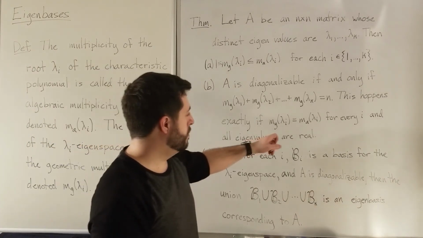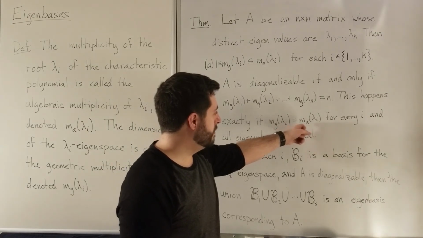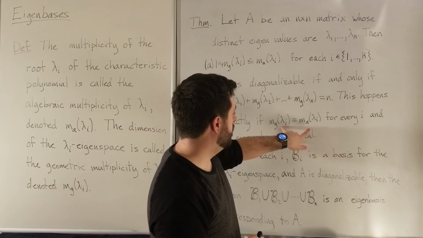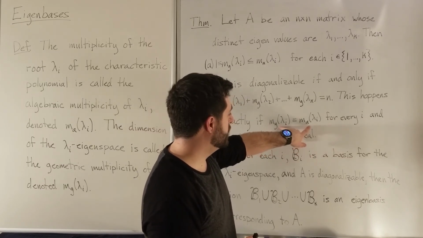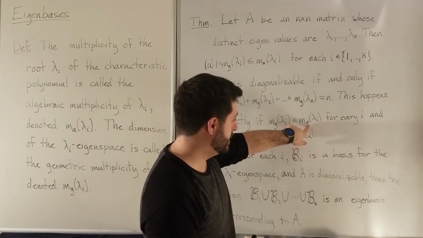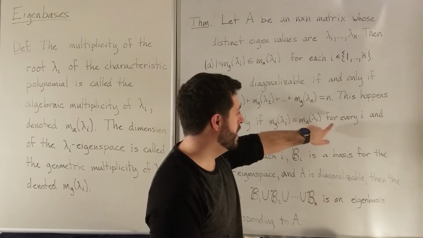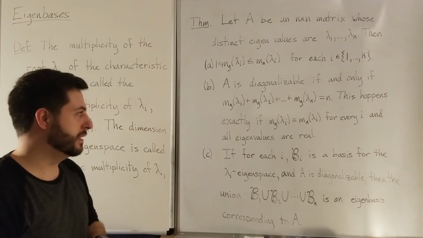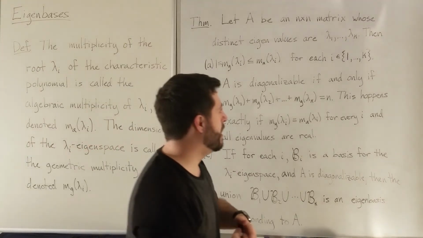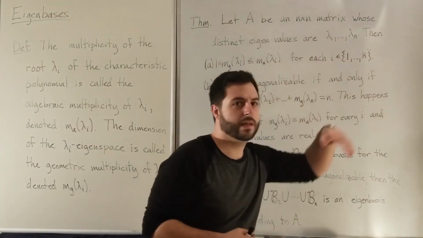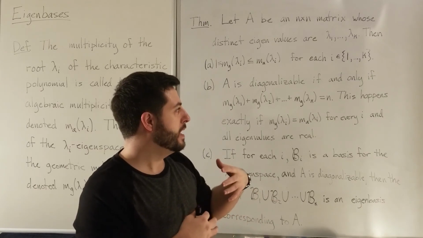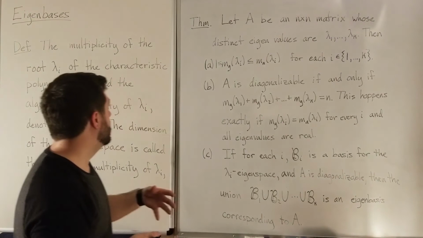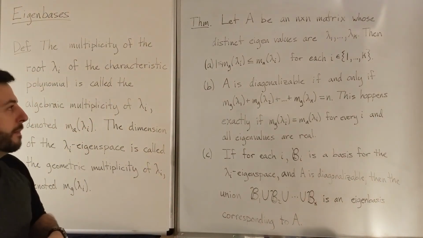Okay, so I should also point out that we might also have a problem not only if the geometric multiplicity is strictly less than the algebraic multiplicity, but also if we have complex eigenvalues, that will also mess us up. Because essentially what that means is our list won't be complete. We'll be left with some irreducible quadratic factors in our characteristic polynomial.